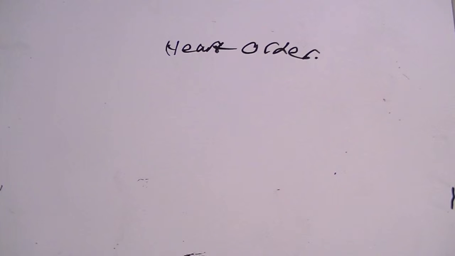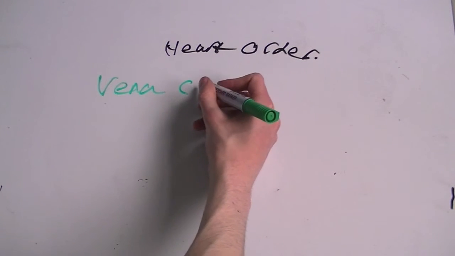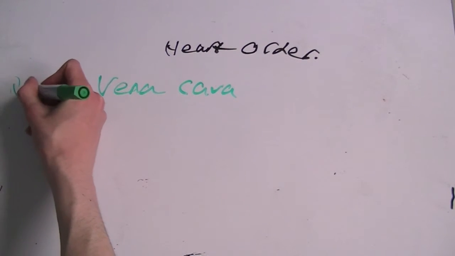So when you've got blood coming from the body, it first comes through the vena cava, okay, which is spelled like this. Okay, and that brings all the blood from the body into the right side of the heart. Okay, so this is all the right.